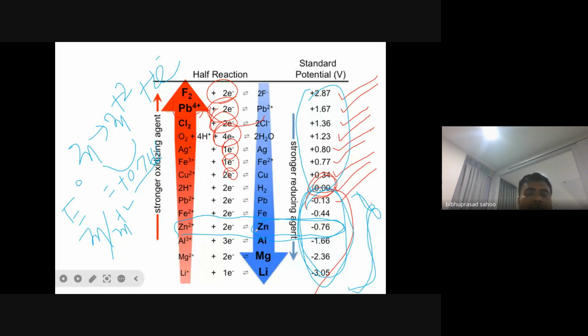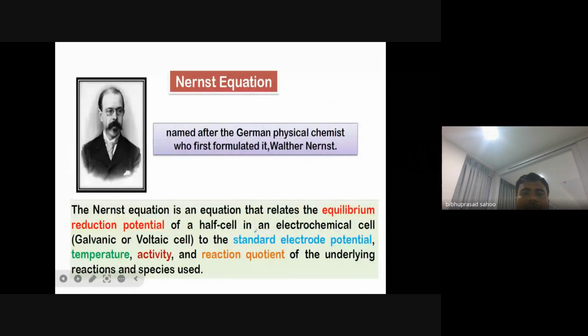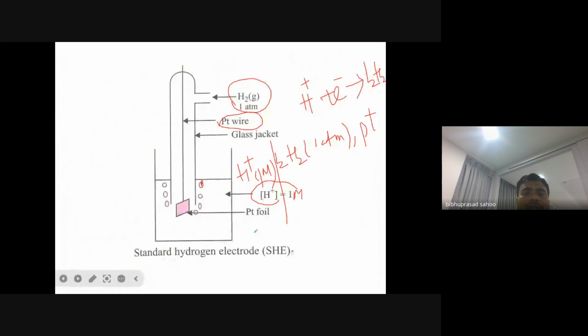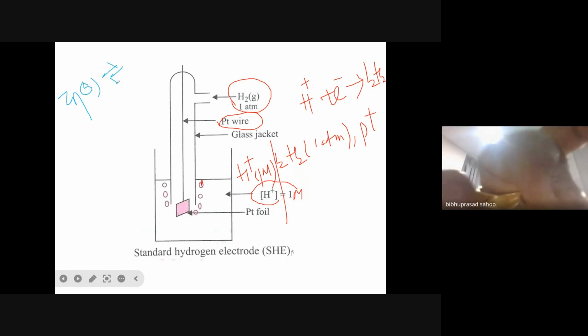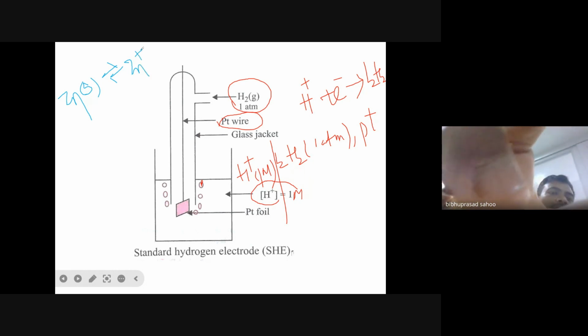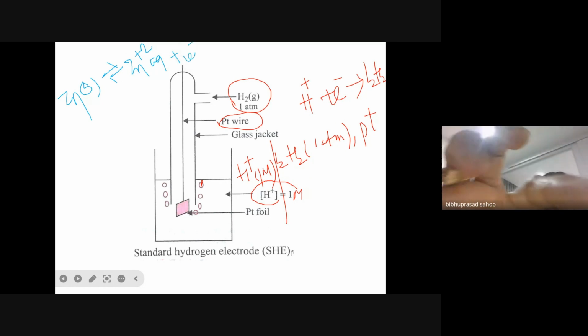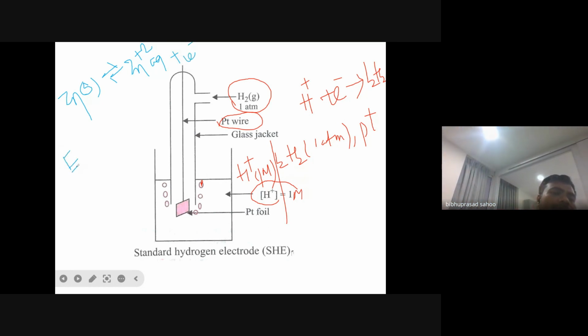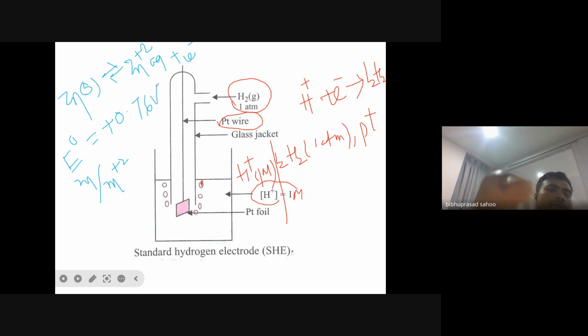That means, listen students, if solid zinc gives zinc 2 plus aqueous plus 2 electrons, it is oxidation. So E naught for Zn to Zn2 plus is equal to positive 0.76 volt.